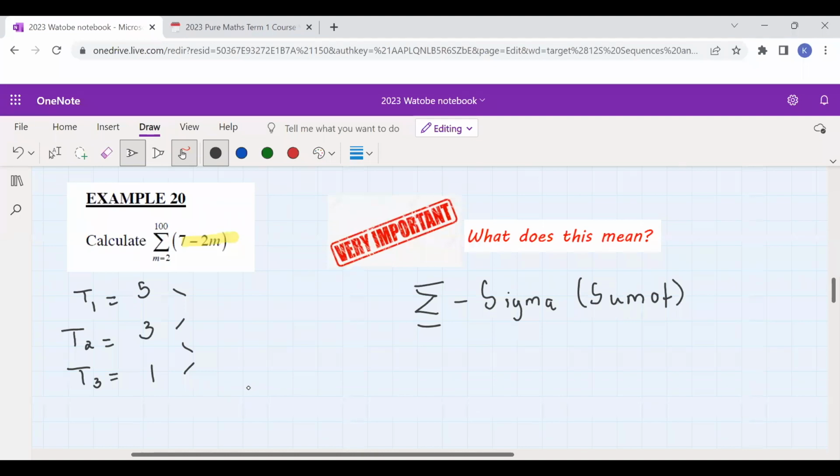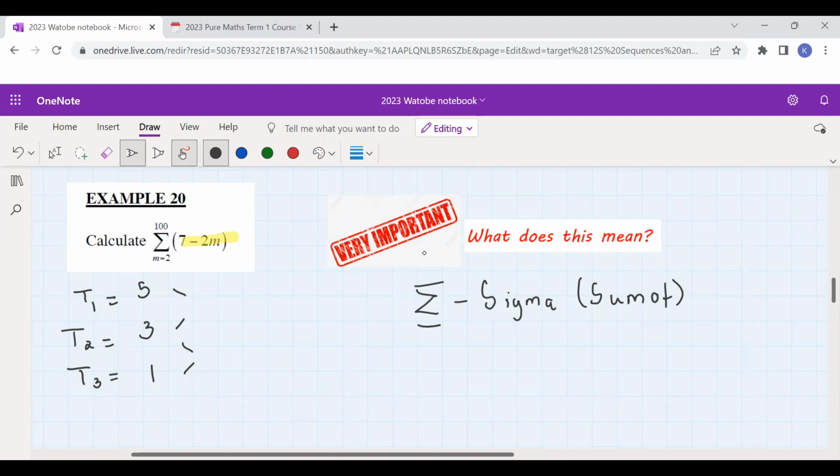So we are substituting into M from 1 until only 3 to find our constant difference, first of all. Do you agree that we need that? Okay, ma'am, I get it.